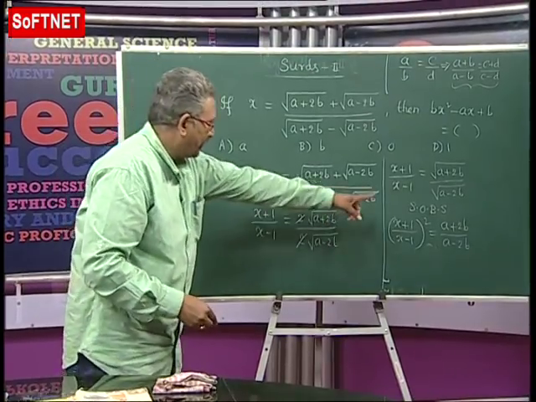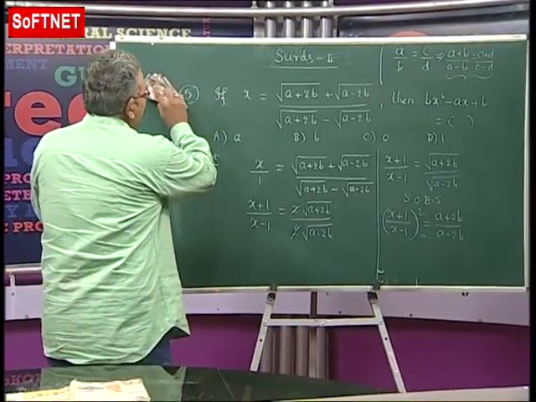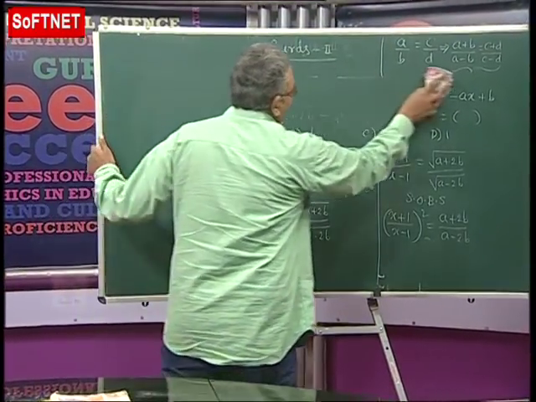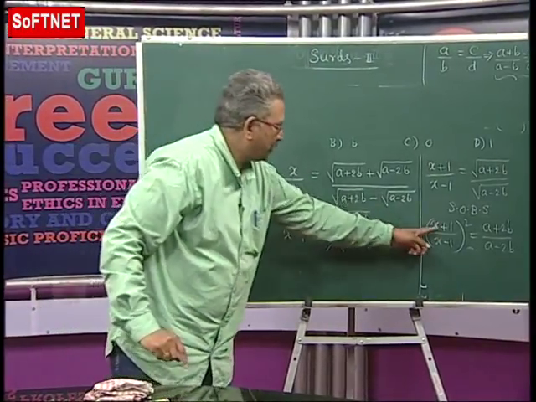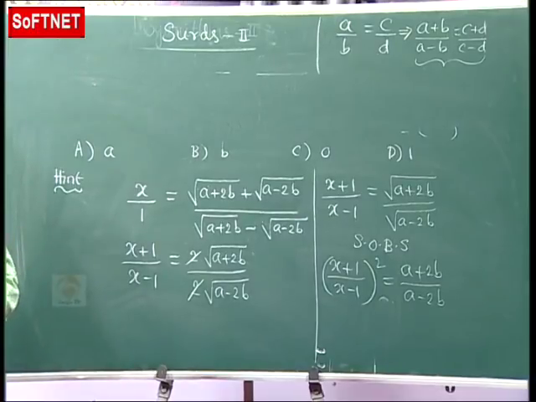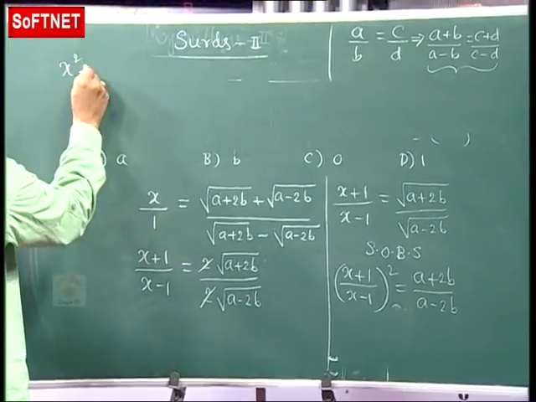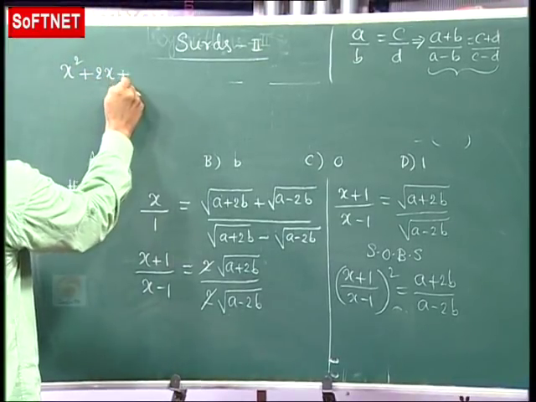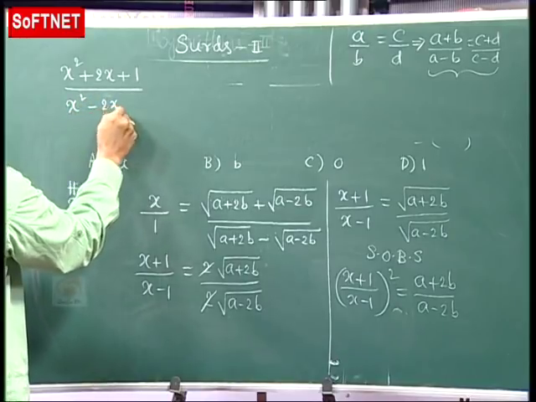Now let us expand left hand side. If you expand left hand side, this is a plus b whole square, this is a minus b whole square concept. You know, very simple. That will be x square plus 2x plus 1 by x square minus 2x plus 1.